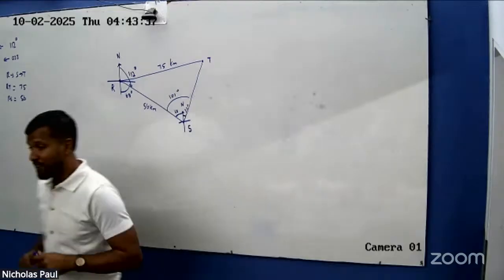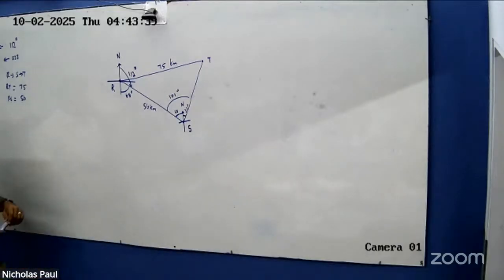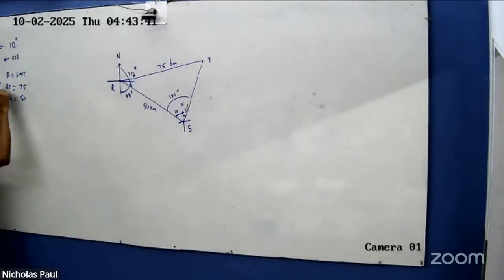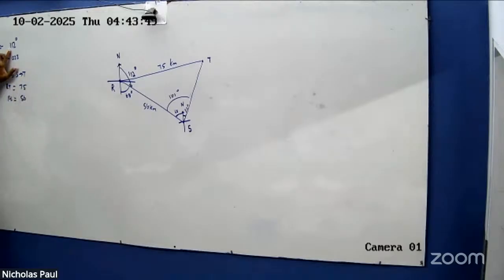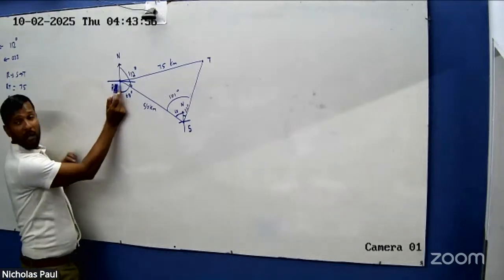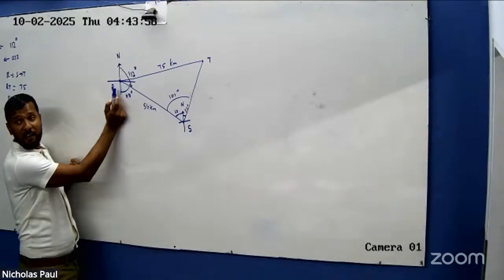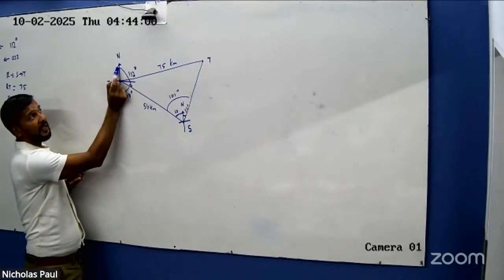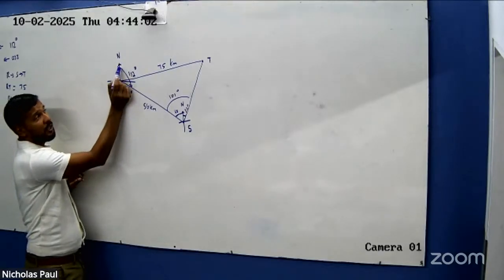So the question said, we go in R to S to T. I only wrote down the important stuff, right? So you're going R to S to T. So you're starting at R and you're going 112 to S. All okay with that? So I'm starting at R. How do we measure bearings? Bearings are always from the north in a clockwise direction. So I measured clockwise.